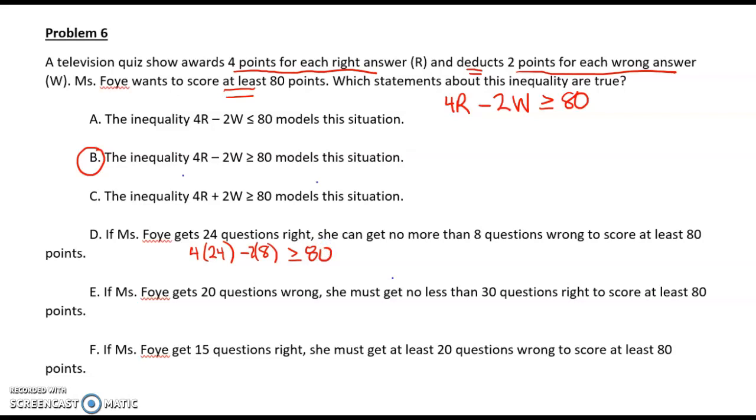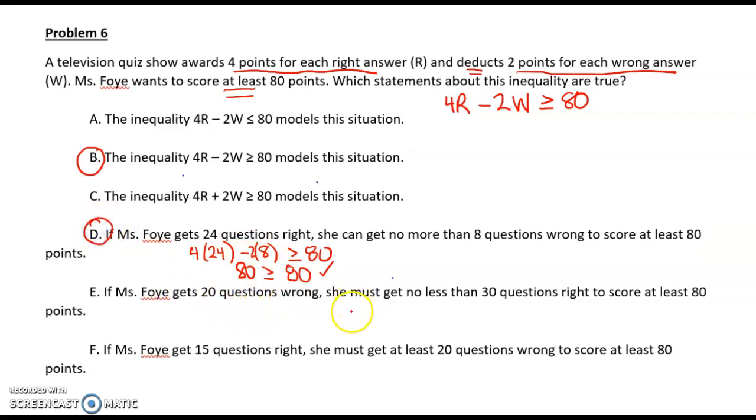So 4 times 24 minus 2 times 8, that gives me 80. It's greater than or equal to 80. Okay, that's true. If she got any more than that, this number would go down. Okay, so this is true.